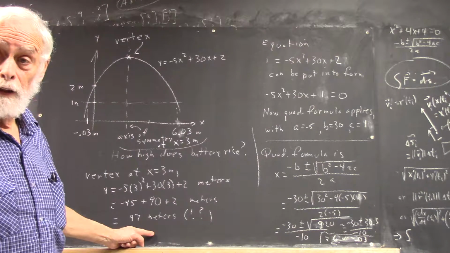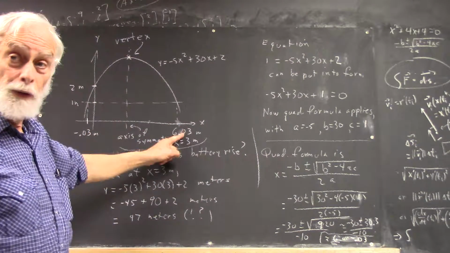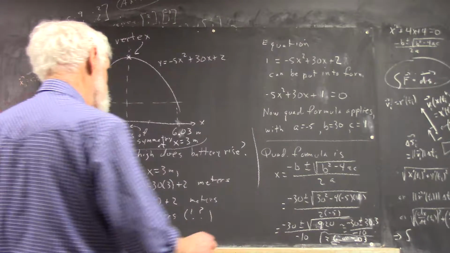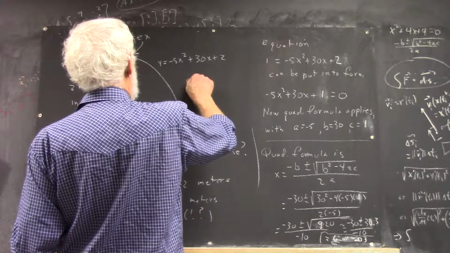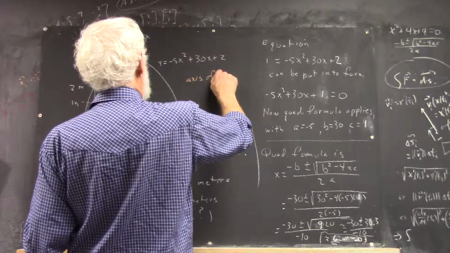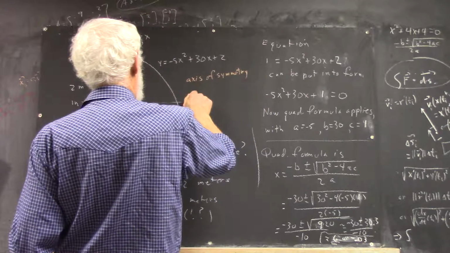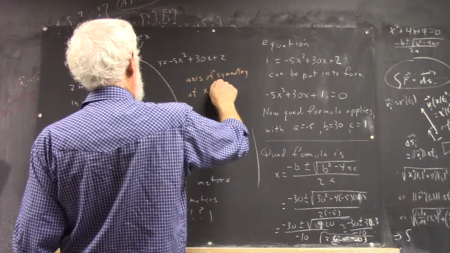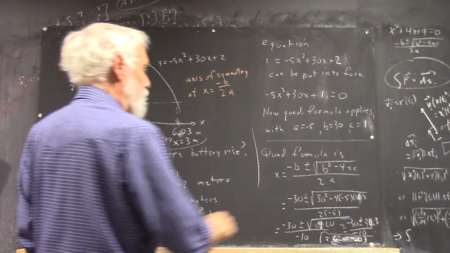And how do you get the vertex of a parabola? The axis of symmetry is halfway between the zeros. So you got to remember, axis of symmetry x equals negative b over 2a.